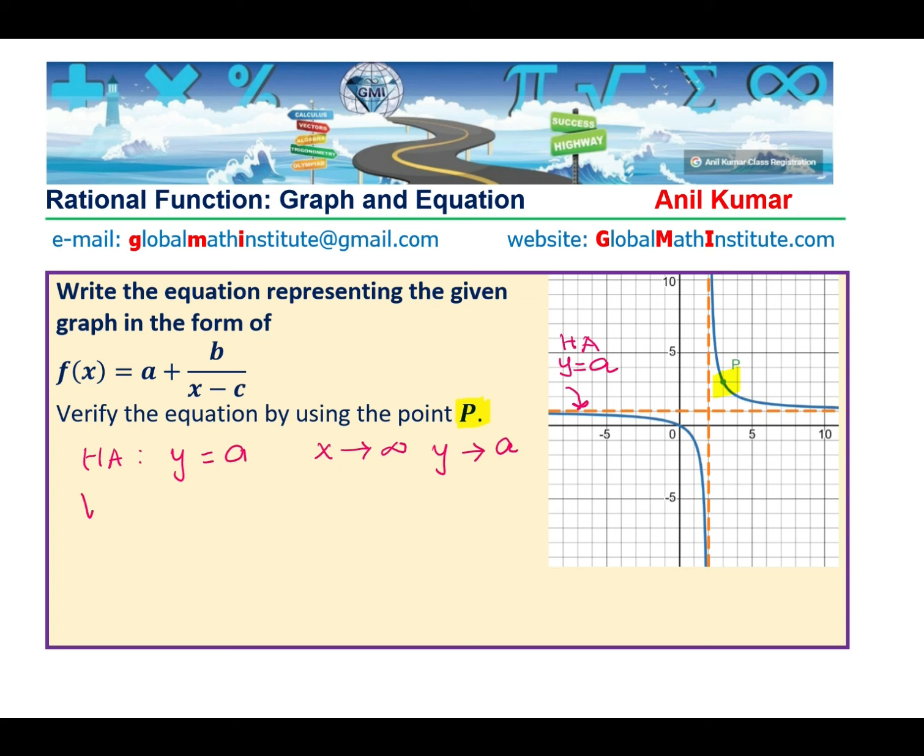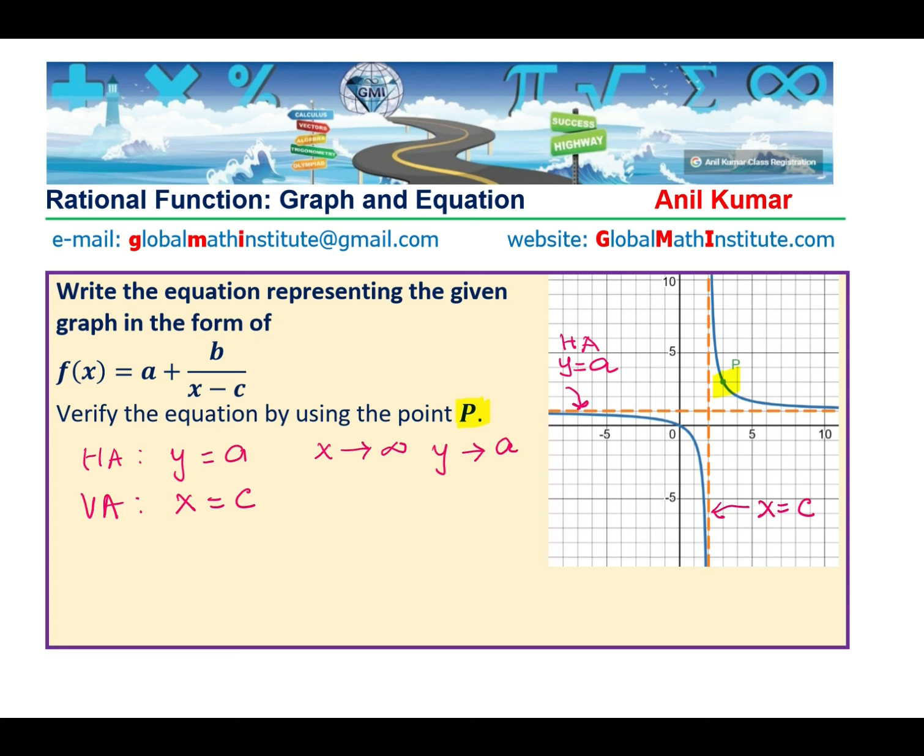Also understand that the vertical asymptote will be when the denominator is 0, and that is when x equals c. So this orange dotted line represents x equals c, which is a vertical asymptote.